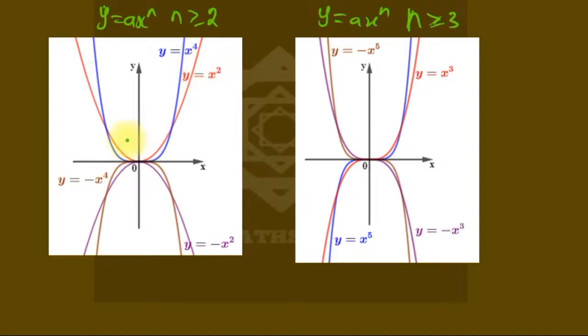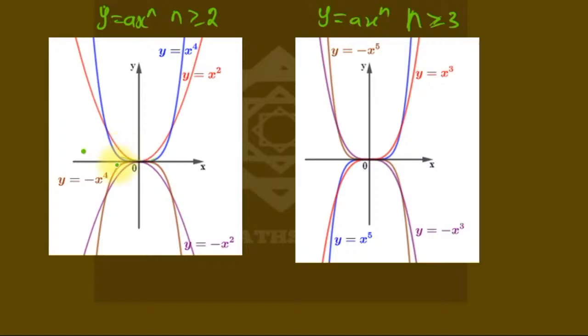But you notice that the one that has the higher power sits on the x-axis. That's the blue graph, while the red one is somewhat off from the x-axis. So the higher the power, the more it sits on the x-axis.